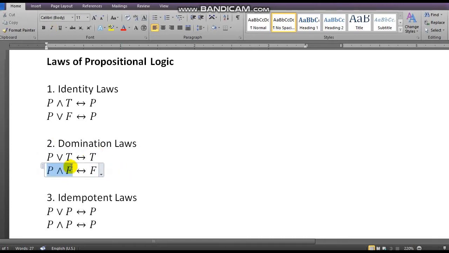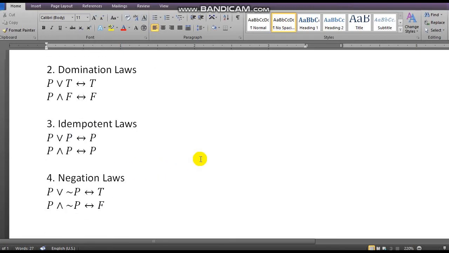While P and false would automatically be false, because true and false is false, and false and false is still false. Take note that the results are different. For identity, the result is the proposition, while for domination, the result is either true or false.